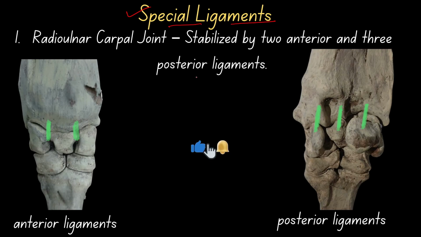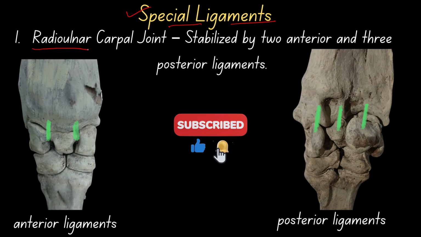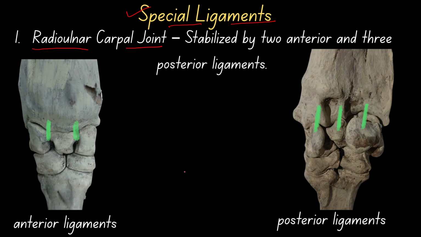Now we'll discuss the special type of ligaments found in the carpal joint, at various junction points. First, at the radioulnar carpal joint. This picture is the anterior view of the joint, and this is the posterior view, the back side.